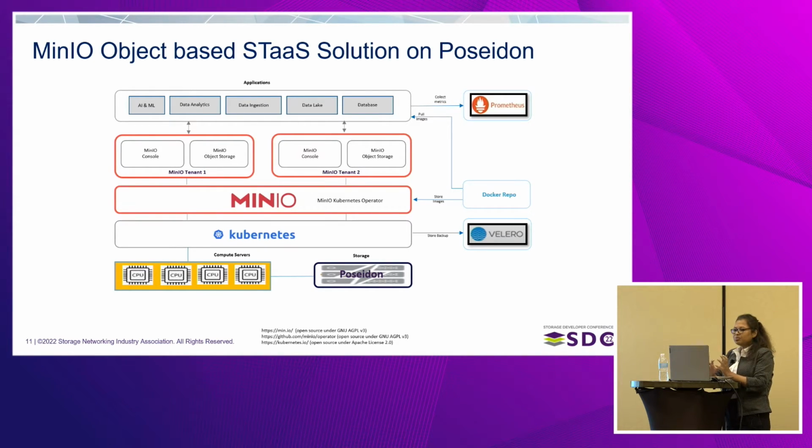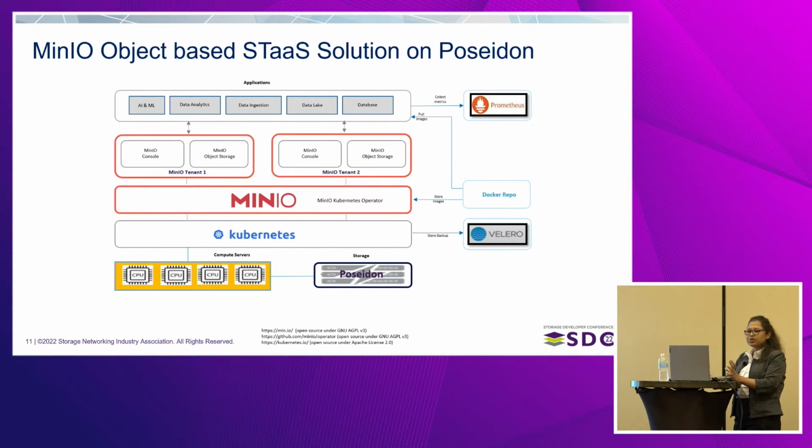Inside a Minio tenant, let's say I'm creating a tenant, inside that, I can specify how many servers I need to run in a particular cluster. So when I create a Minio tenant, essentially I'm creating Minio server pods that are deployed in the Kubernetes cluster as the nodes of the Minio tenant.